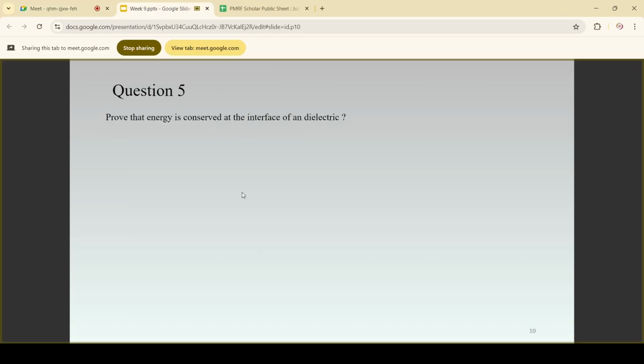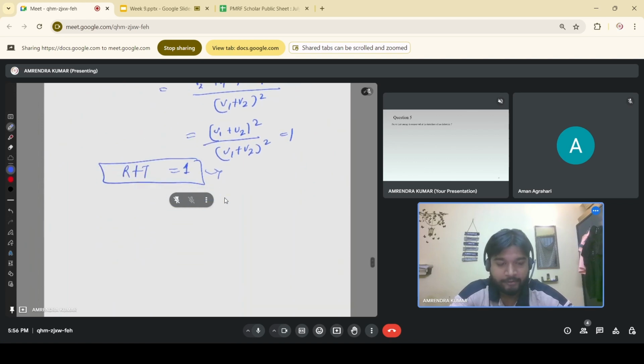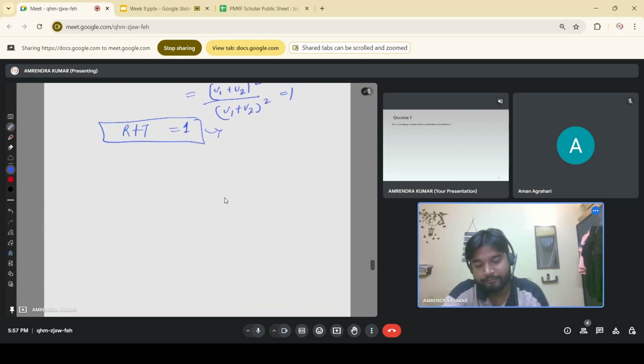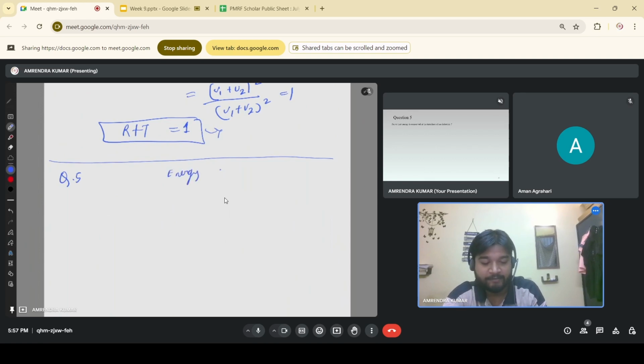And now the next question is: prove that energy is conserved at the interface of a dielectric. So whatever I said, this is the value one. Now we have to elaborate it in more detail, to prove that energy is conserved at the interface.